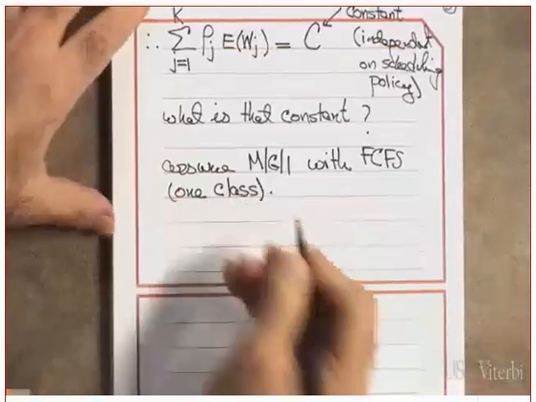Clear? And that again explains to you why in all of these scheduling policies we end up with the same average waiting time. Some of the packets will be waiting less, and others will be waiting long. The weighted sum of the average waiting time is the same.